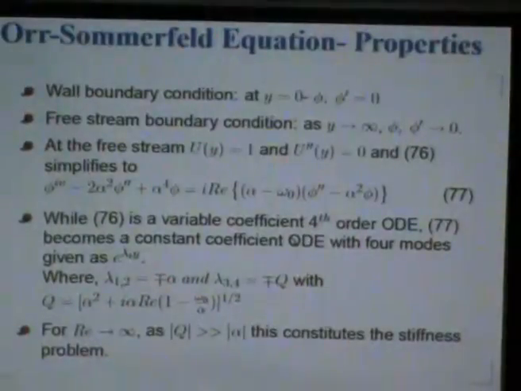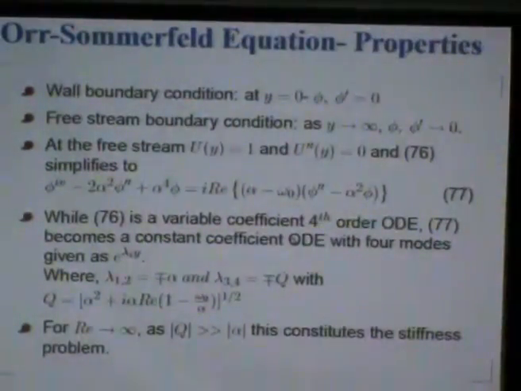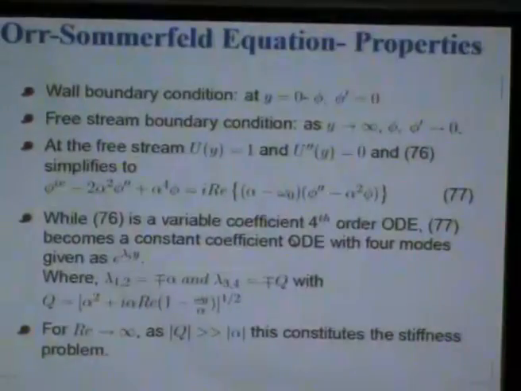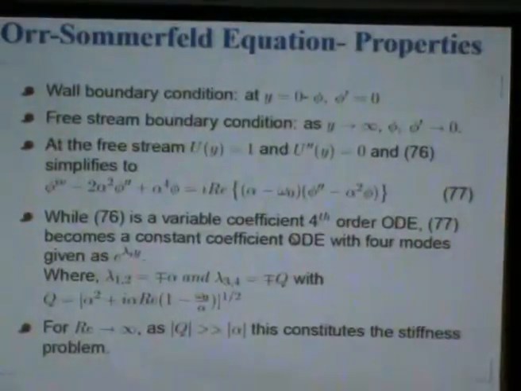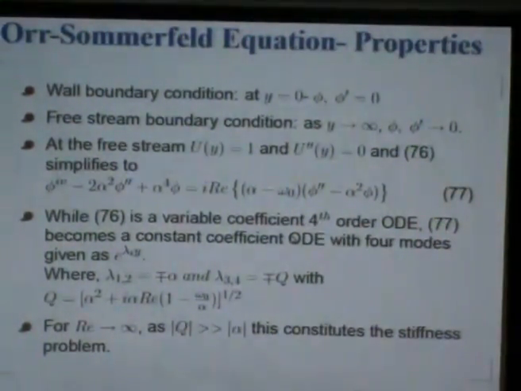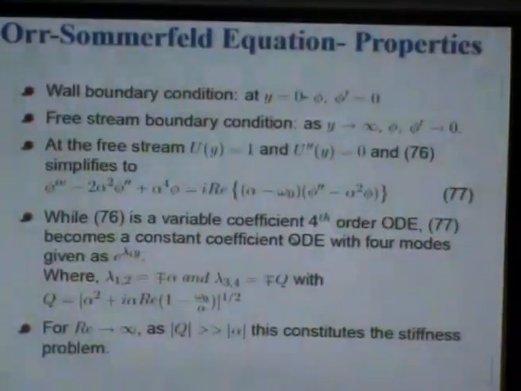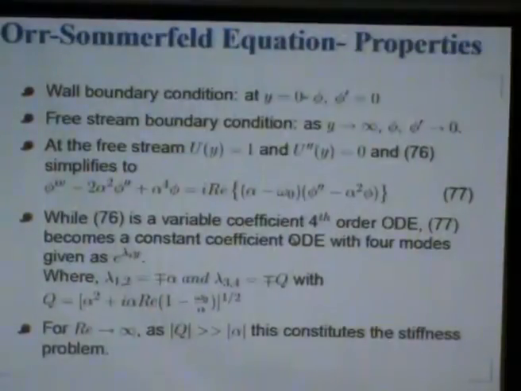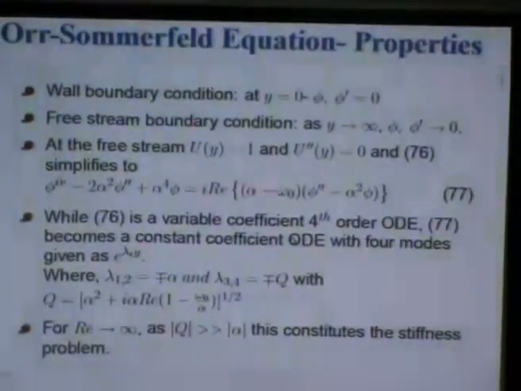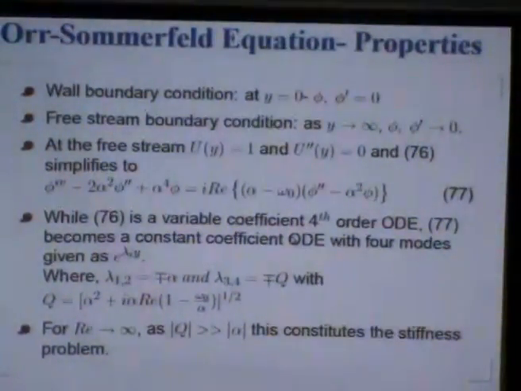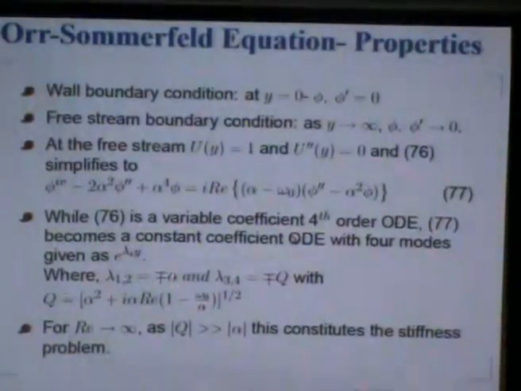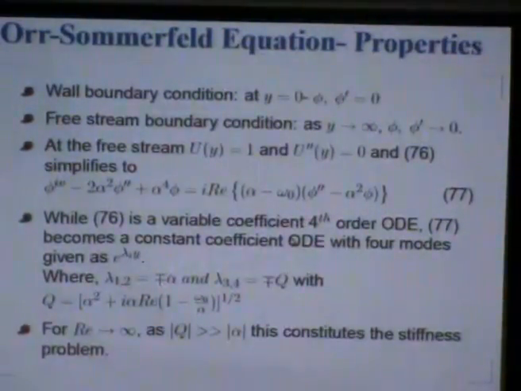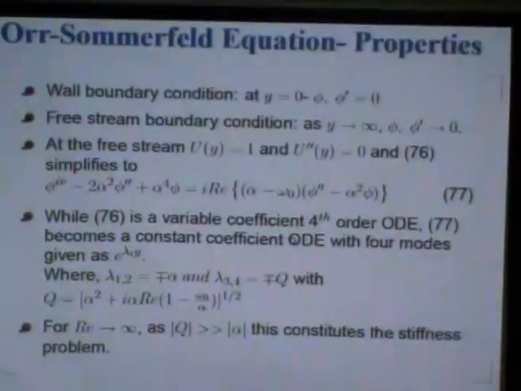Now, what happens is, suppose alpha is a complex quantity, and if its real part is positive, then what happens? One of the modes is growing with y, and that violates the principle. We said that if we go far away, it should decay to 0. So, if the real part of alpha is positive, then of course, lambda 2 is not admissible.